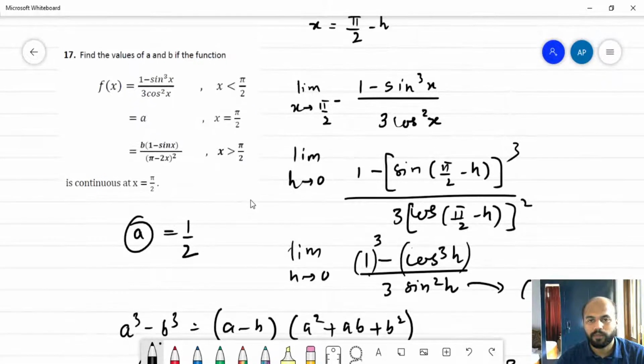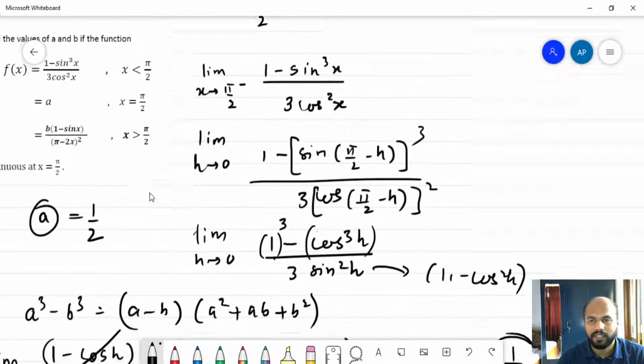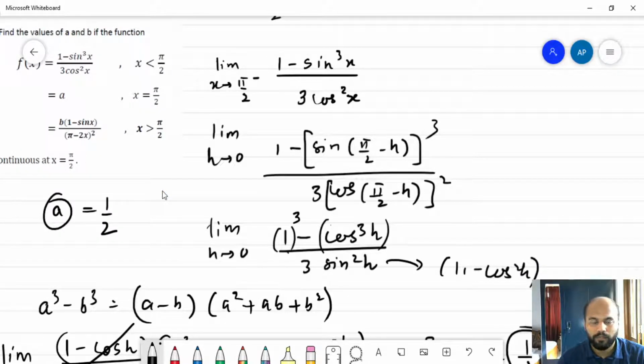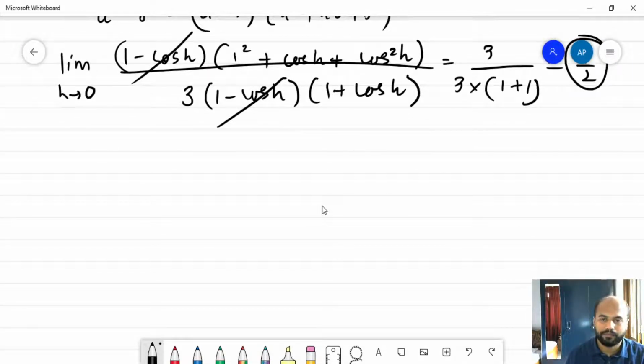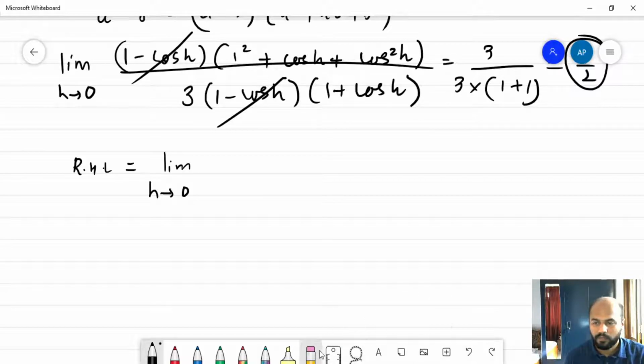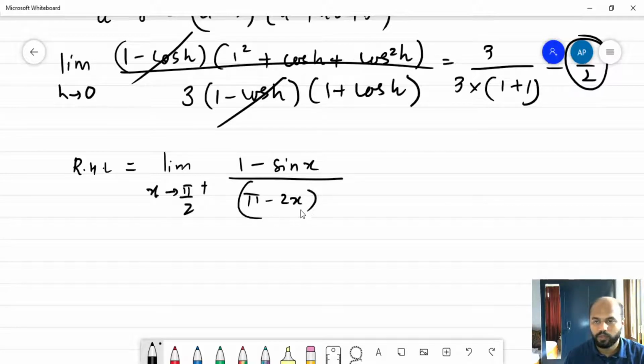Let's get back to the problem. Now the second limit is what we have to evaluate, which is 1 minus sine x by pi minus 2x the whole square. Let's do it. So now I am evaluating the right hand limit, which would be written as limit x tending to pi by 2 from the positive side, 1 minus sine x by pi minus 2x the whole square.